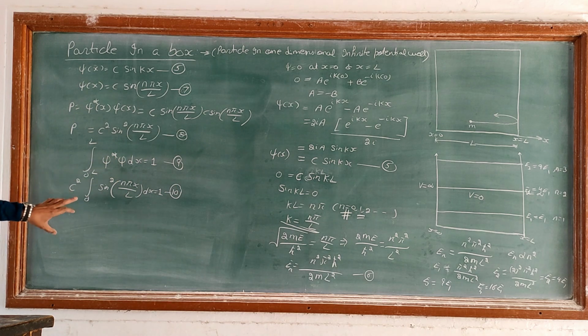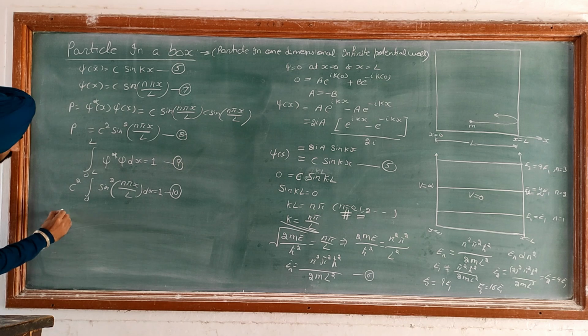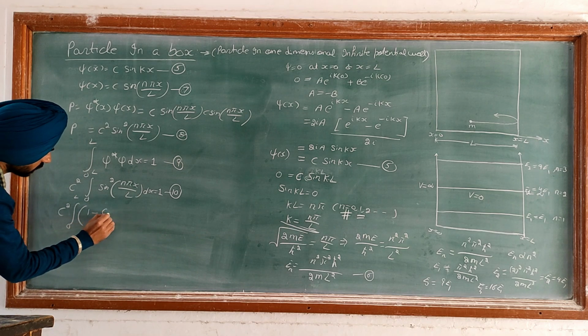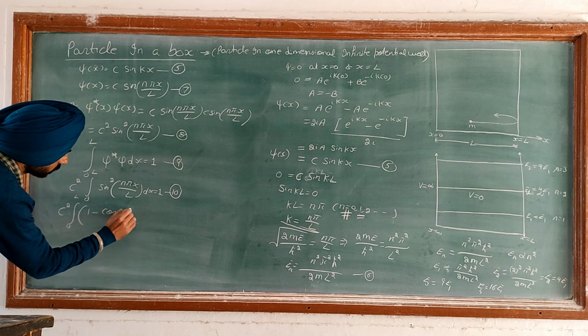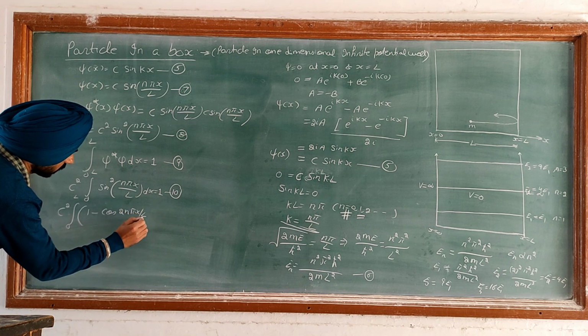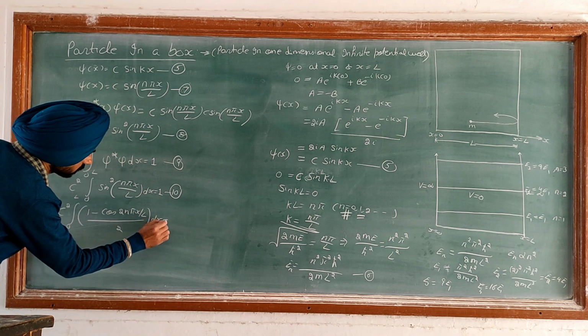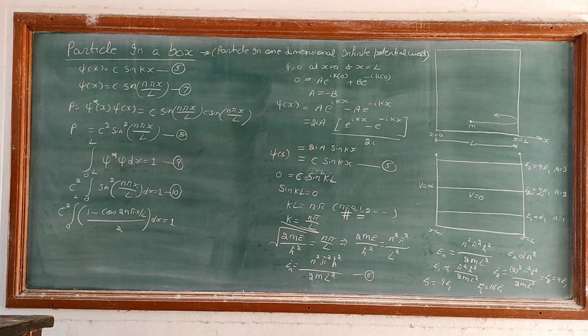Now we will solve this integral. Sine square theta we write as (1 minus cos 2 theta) upon 2. So c square integral 0 to L (1 minus cos 2 n pi x upon L) upon 2 dx equal to 1.